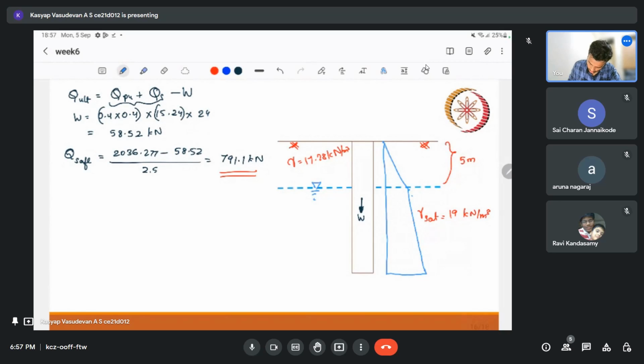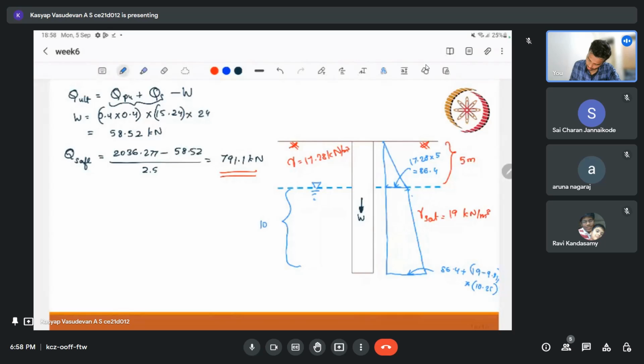So this particular value will be 17.28 into 5, that will be 86.4, and this particular thing will be the same, 86.4 plus our effective overburden pressure due to this layer, that is 19 minus 9.81, our submerged unit weight, into 10.24.